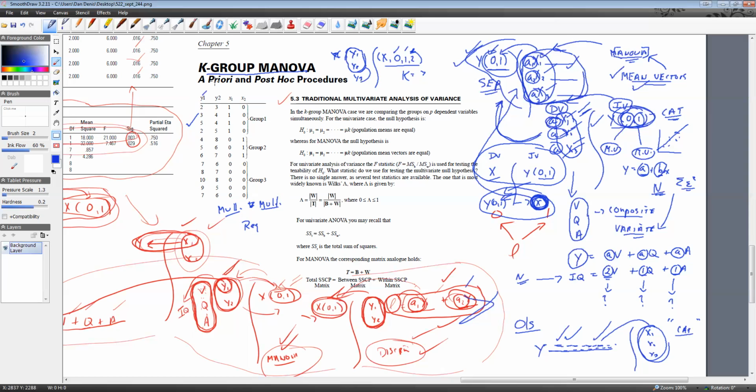We have 2 responses. Two responses make it multivariate. That's kind of the historical custom: when somebody asks you, do you have a multivariate model? Usually that's referring to whether you have more than a single response.